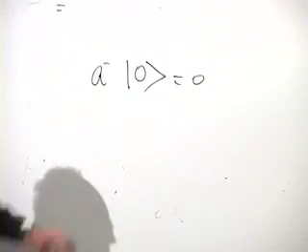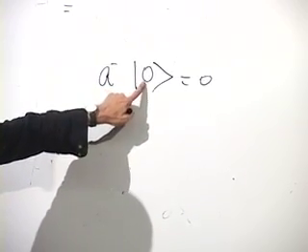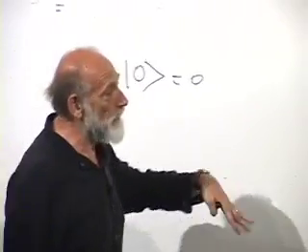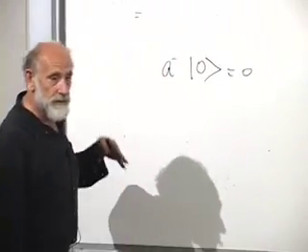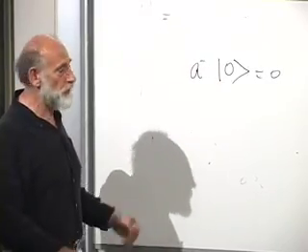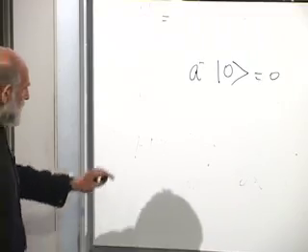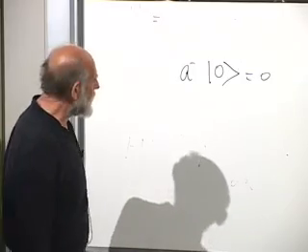Incidentally, this does not represent the eigenvalue of the energy. Obviously, it doesn't. The eigenvalue of the energy is omega over 2. It just represents the ground state. We could have called it 1 for the first state, but we call it 0 for the ground state. A minus on this is equal to 0.